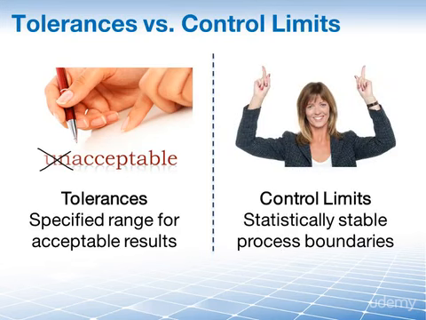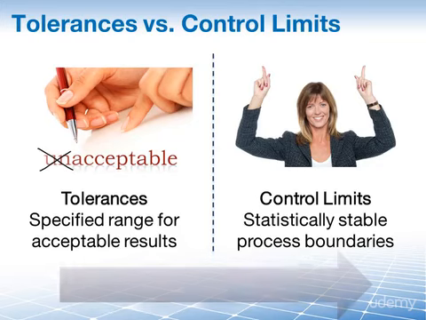They identify the boundaries of common variation in a process or process performance that is statistically stable. Typically, control limits are set at 3 standard deviations above and below the mean, and as long as your results fall within those limits, your process is considered to be in control and acceptable.